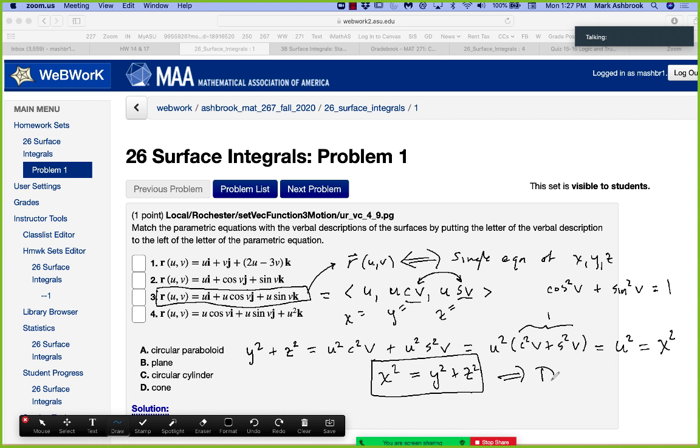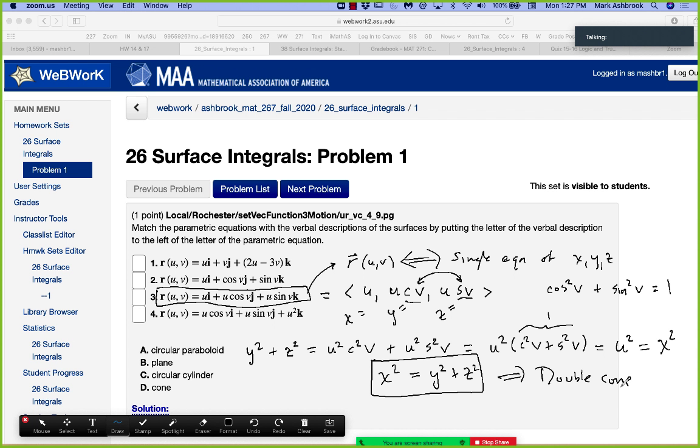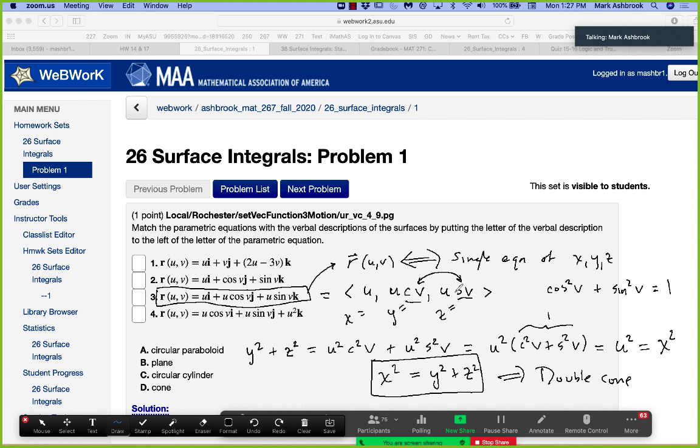Double cone. Okay, does that make sense? So that's a really important technique for trying to eliminate cosine and sine using the Pythagorean identity.